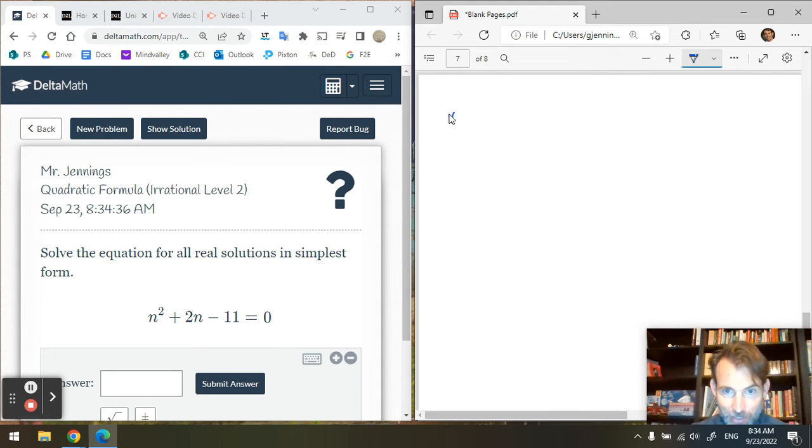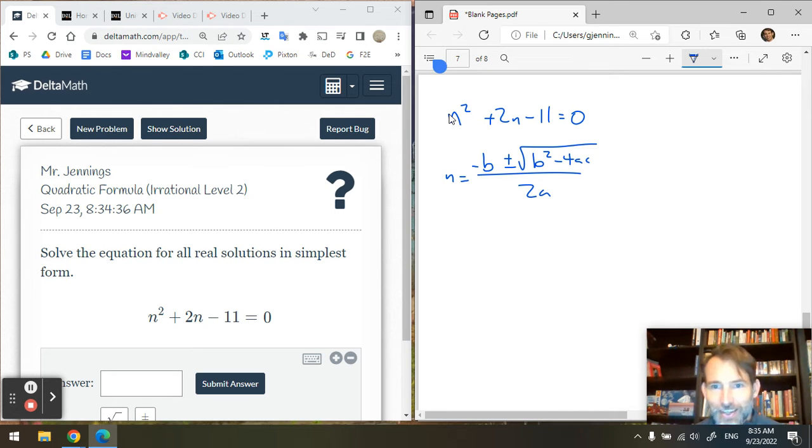So here we have n squared plus 2n minus 11 equals 0. Okay, so because it's equal to 0, we can apply the quadratic formula, and there's no simplification that needs to be done here. We just do n equals, you guessed it, negative b plus or minus the square root of b squared minus 4ac over 2a.